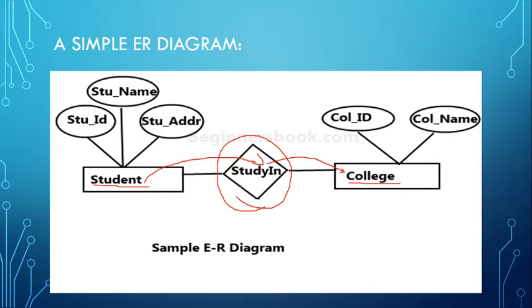Many students will study in one college, so it is a many to one relationship. But one student cannot join many colleges. He cannot study in multiple colleges at the same time. So this is a many to one relationship.